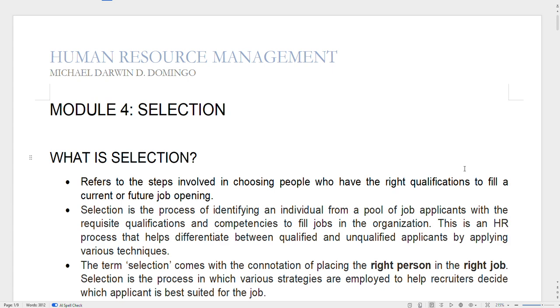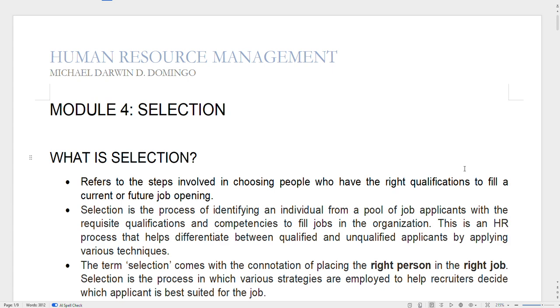Yes, of course. Why? Because the job already has requirements. They already have a set of specifications as to what characteristics or skills or talents that a person should have.